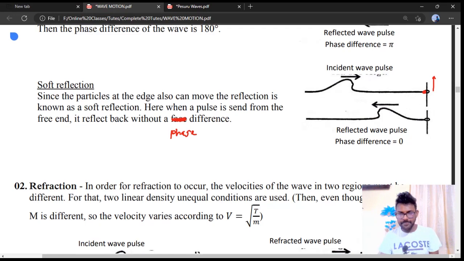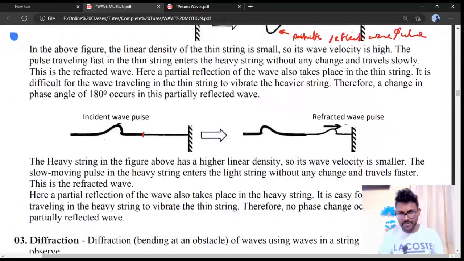So that is why there will be a soft reflection. The same thing happens here. There will be a soft reflection from this point. Because it's a light string now, the string having the lesser mass can easily displace the particles there when the wave is propagating through. So there will be a reflection here.